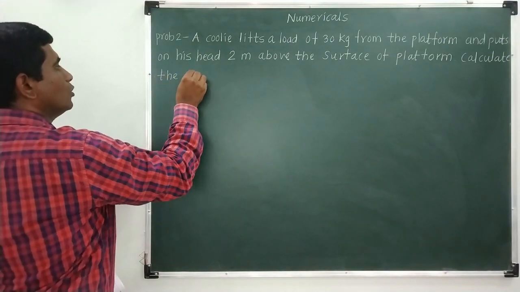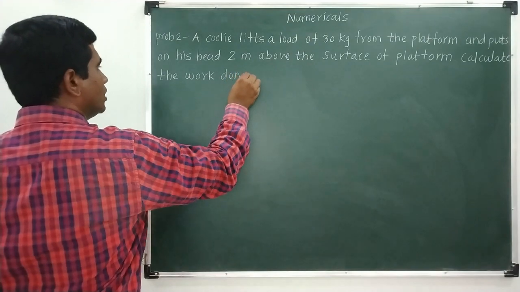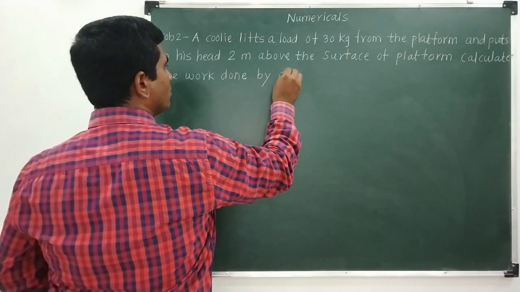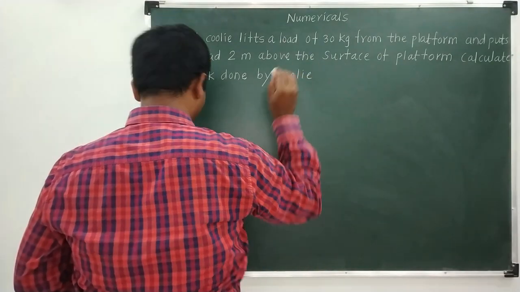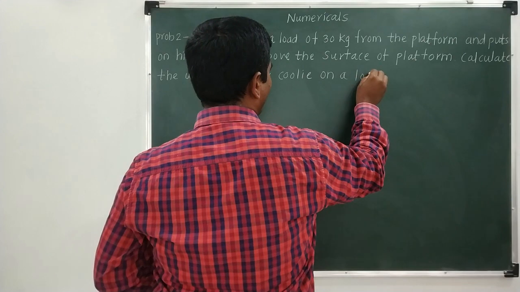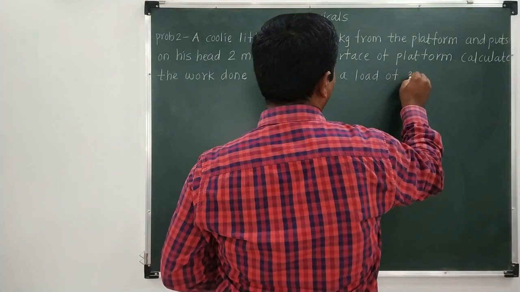Calculate the work done by the coolie on a load of 30 kilogram.